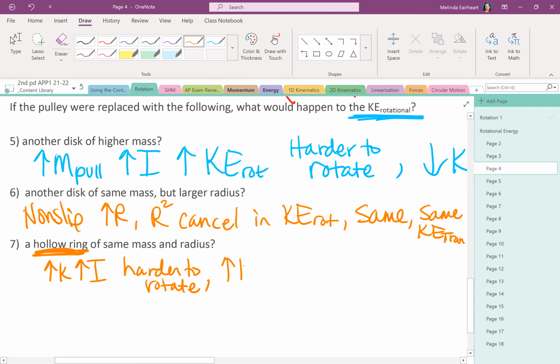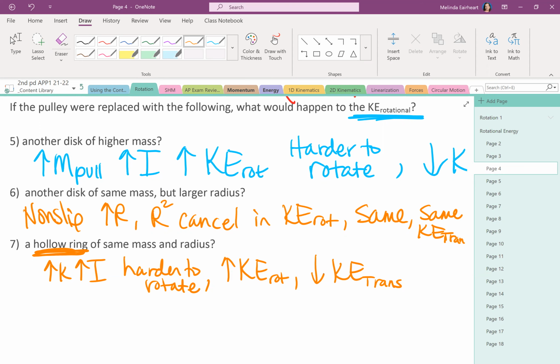It would increase. What would happen to translational? It would decrease. Now, a hollow ring, true story, they'd probably have to have some kind of rods and put it on a spindle. You can't rotate about the center when nothing goes through the center to keep you in place. But hollow ring overall. Good deal?